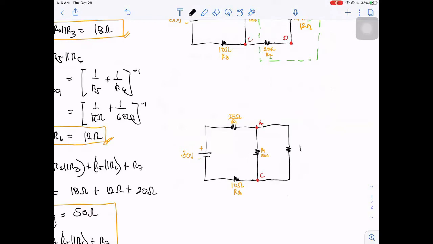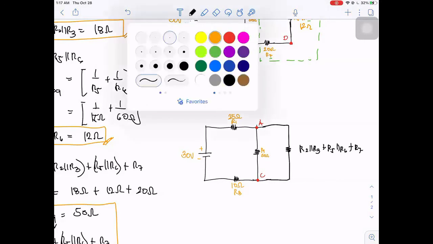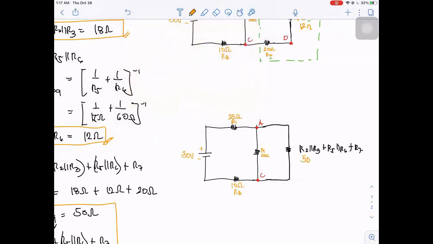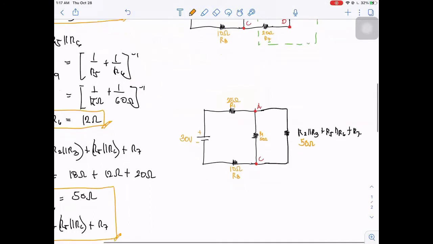This is our R2 parallel R3 plus R5 parallel R6 plus R7, which is equivalent to 50 ohms.